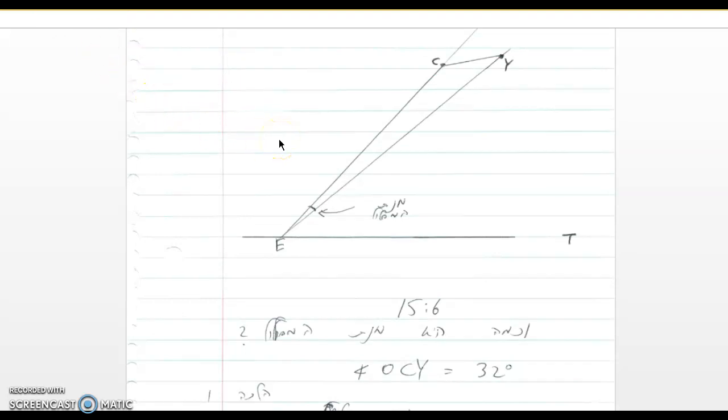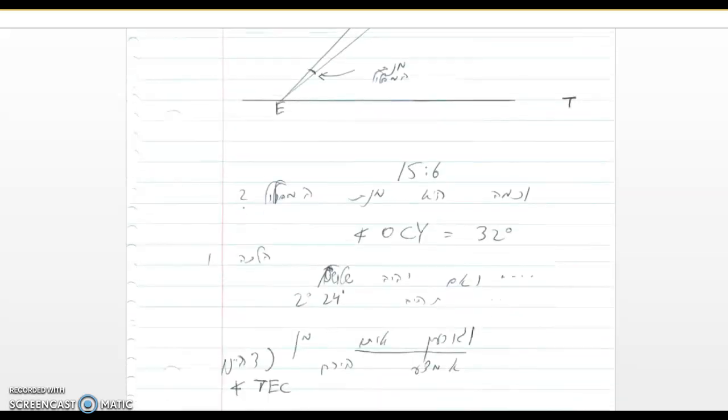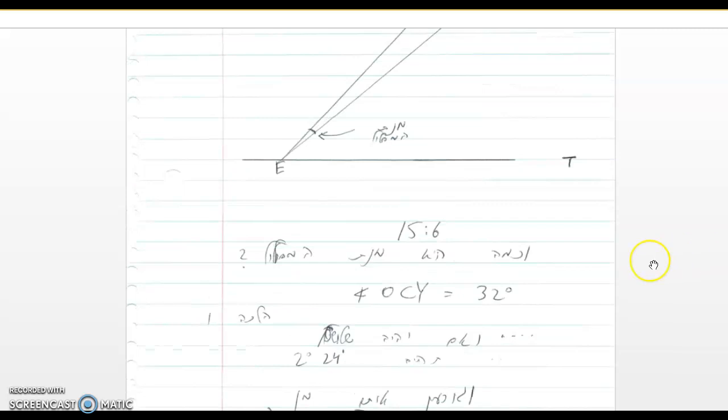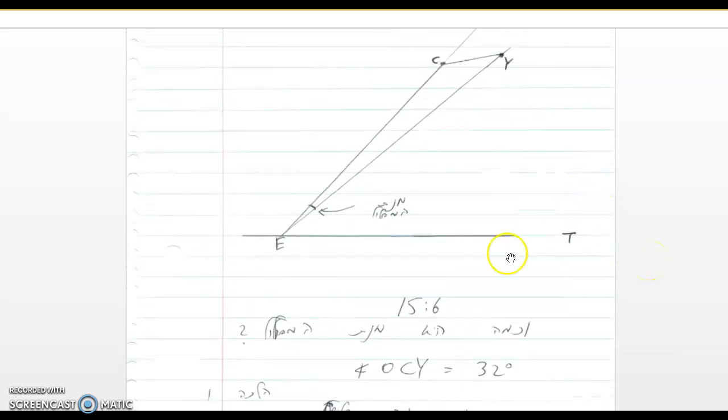So this shows how this has an effect. The angle OCY has an effect on the Manas HaMaslo. Let's continue this page a little bit. See if we have another diagram, and then we'll see the Rambam. Goyer and Oisem and Emtza Yereich. Oh, so the Emtza Yereich is TEC. That's the Emtza, because this is where the mean moon is.